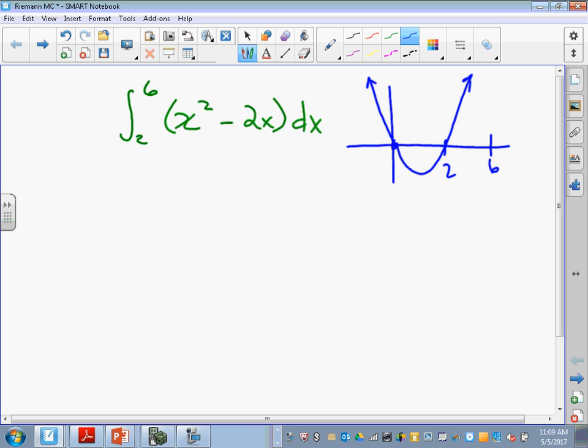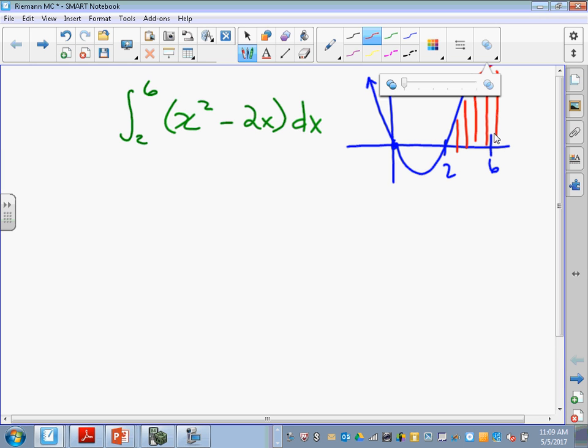Area of what? How do we do that? How do we find the area under the curve? And what do those things really represent? Infinite what? Riemann sums of what? What are we adding up every time?